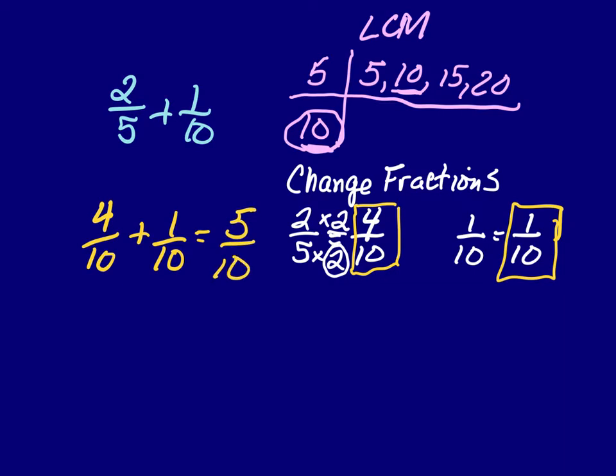Now, you can leave your answer as that, but it's not in simplest form. 5/10 can be simplified, or I don't like saying reduced, but both 5 and 10 can be divided by 5. So dividing it by 5 over 5 would give us 1/2, which makes sense because 5 is half of 10 and 1 is half of 2.